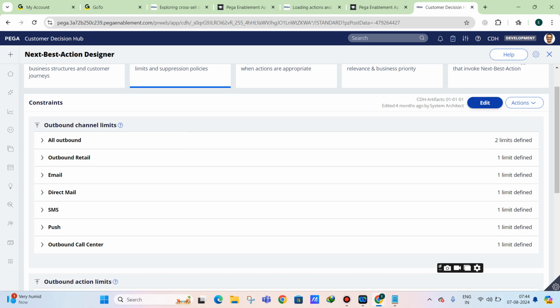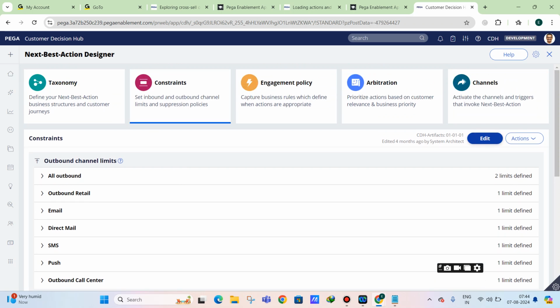This is where you set the contact policies or outbound limits, because this configuration is applicable only for outbound channels, not for inbound channels. This can be sent as a requirement to you, and based on the requirement you need to configure the appropriate limits on your channels.